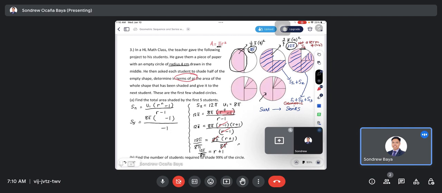From here, GDC, since we are only expecting one answer because it's only r raised to the power of 1, you can make use of the numeric solver instead. Give yourself some time to solve this one. And if you do use GDC, r returns to be half. So this is our common ratio.